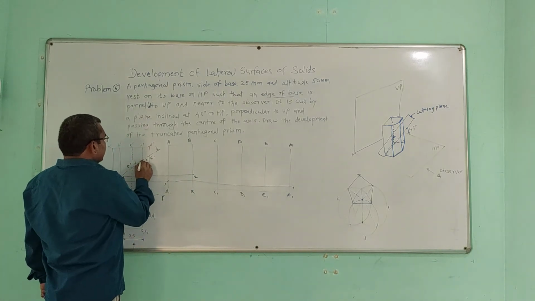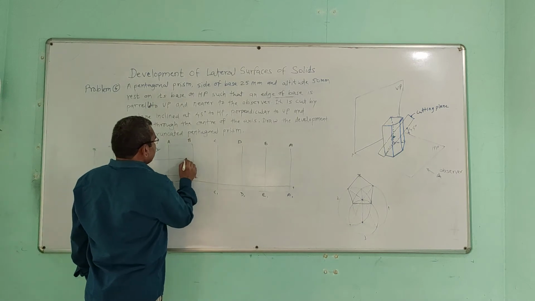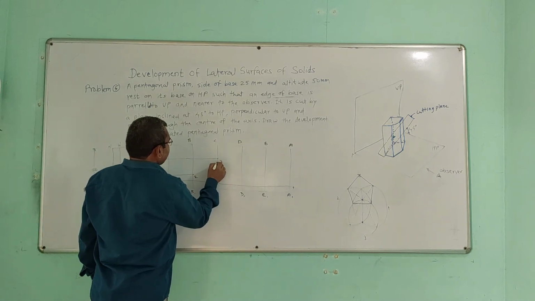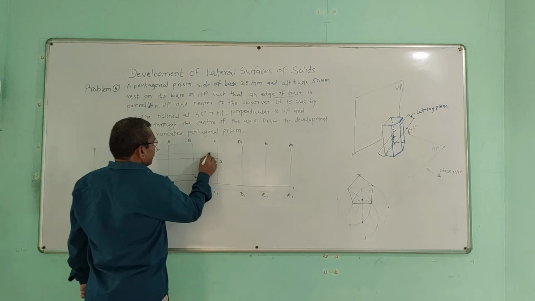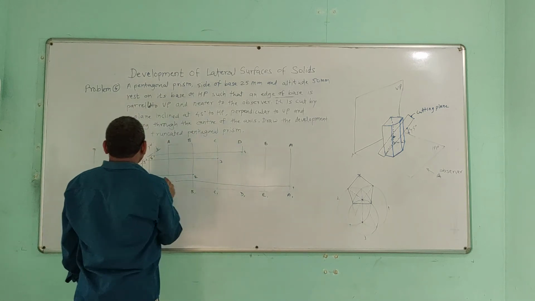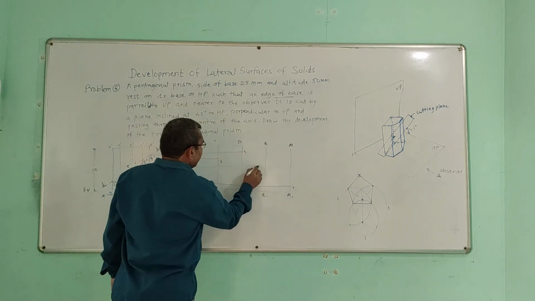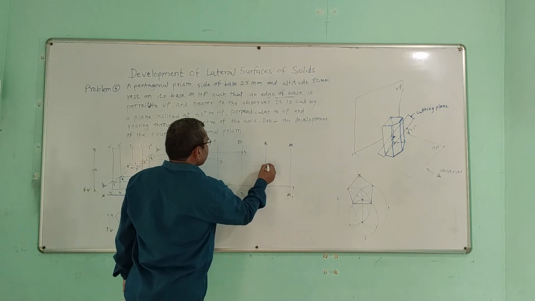Then point number 3 is on C, so this is point 3. Point number 4 is on D, so this is point 4. Point number 5 is on E, so this is point 5.